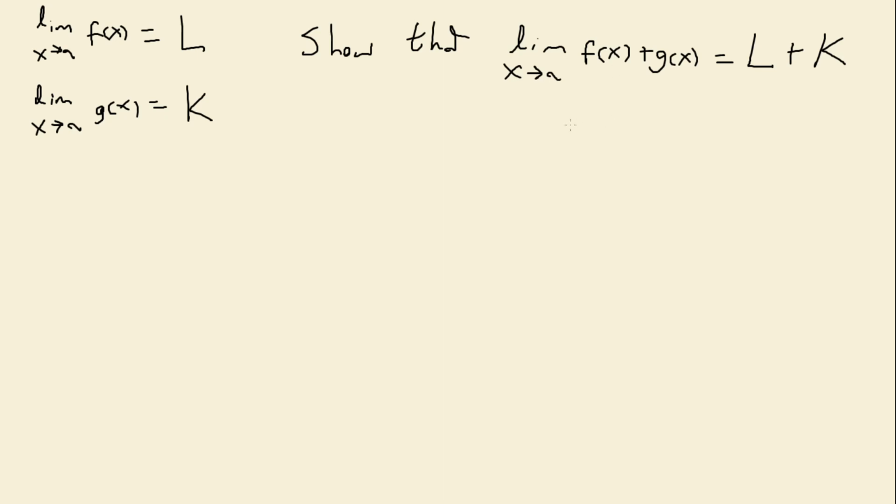In order to go about proving this, we first need to understand something called the triangle inequality. This tells us that the absolute value of anything, say A, plus the absolute value of something else, say B, is always going to be greater than or equal to the absolute value of A plus B. The reason being, if either one of these are opposite signs, this value will be less.